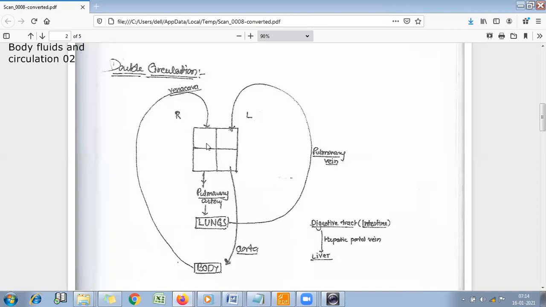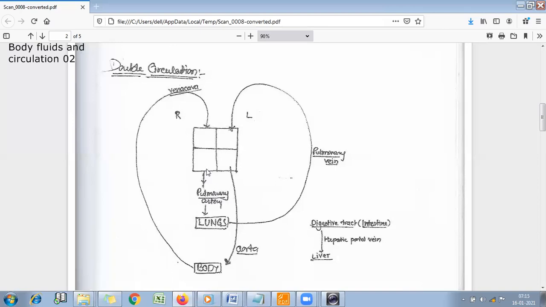Then what happens? The ventricle sends blood into the lung, and this blood vessel is called the pulmonary artery. Why is it called the pulmonary artery? Since this blood vessel is associated with the lung, it is called pulmonary.